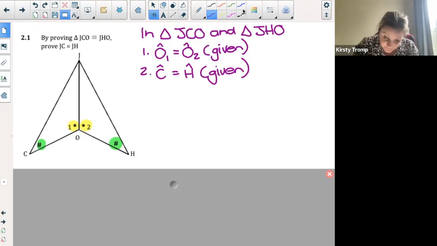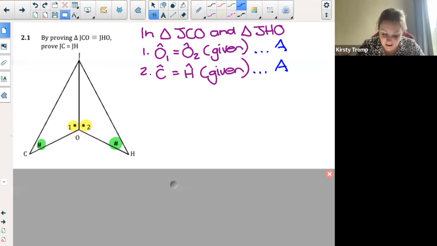So far, I've got angle, angle. Now be careful. This is where some students get themselves so confused. They say, but I can also prove that those two angles are equal to each other. Guys, don't go down that route, because angle, angle, angle is not congruency. There are four things for congruency. We've just said them again and again.